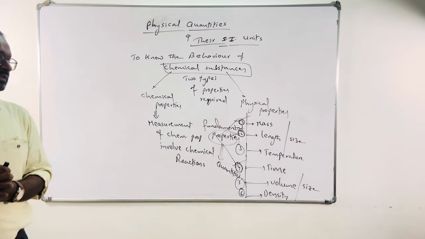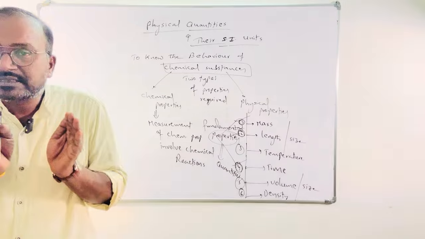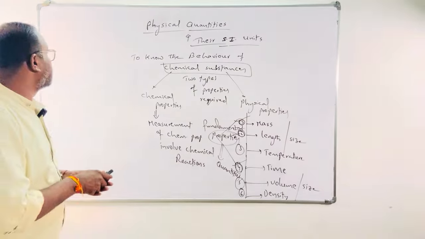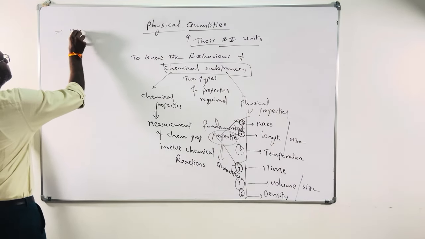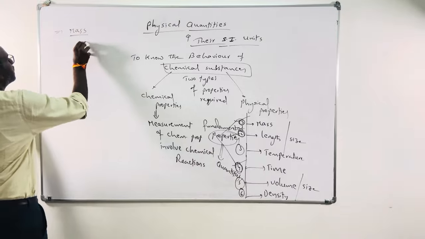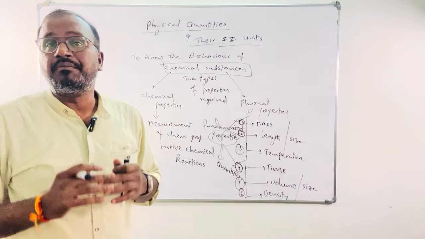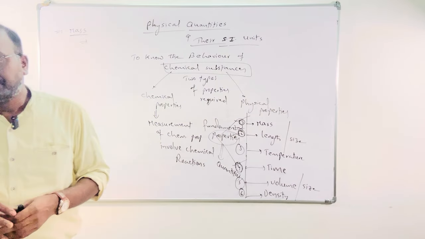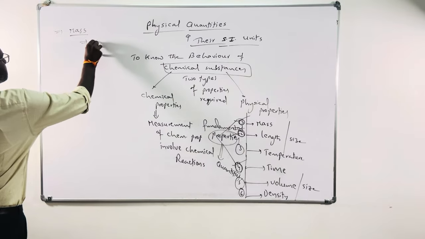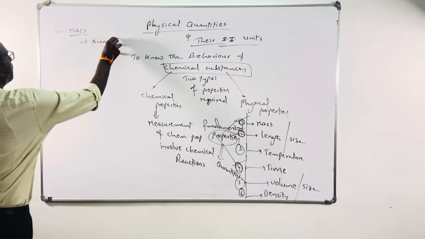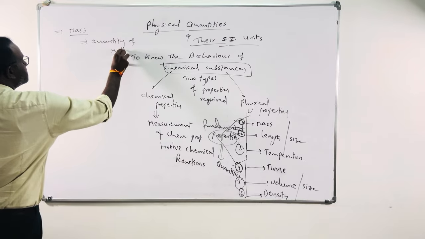So mass, what is the meaning of mass? Let me discuss one by one. First, what is mass? Mass says the quantity of matter, because chemistry is the study of matter.